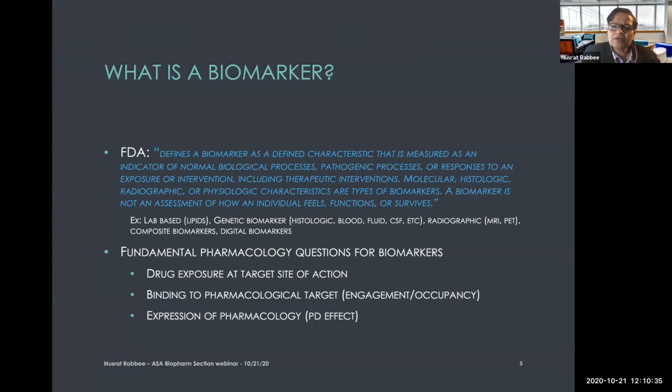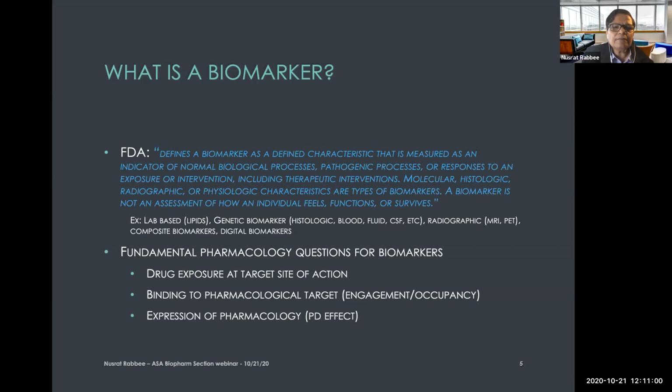It can be molecular, histologic, radiographic, physiologic. However, it's not an assessment of how the individual, the subject or the patient feels, functions, or survives.